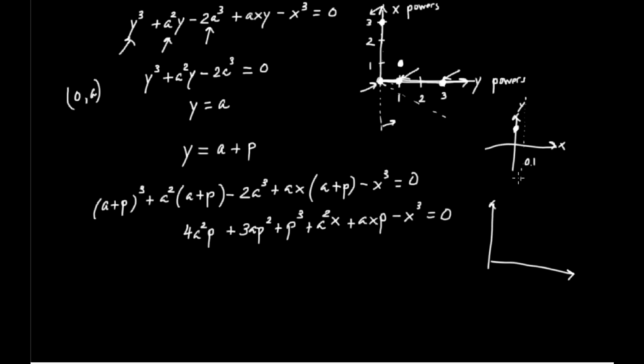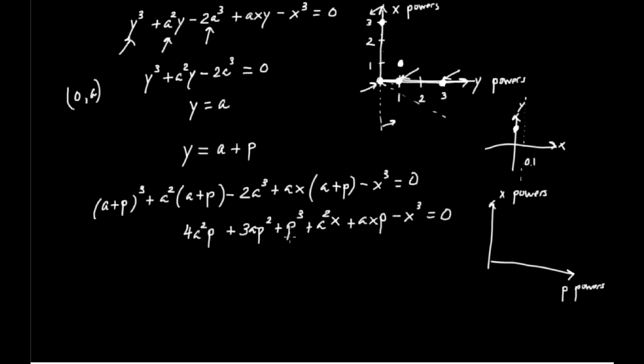On the vertical axis, I'm going to keep the x powers there. But now on the horizontal axis, I'm going to have the p powers. And when you go through this procedure, you're always going to keep the x powers on the vertical axis, and you're going to keep the other variable on the horizontal axis.